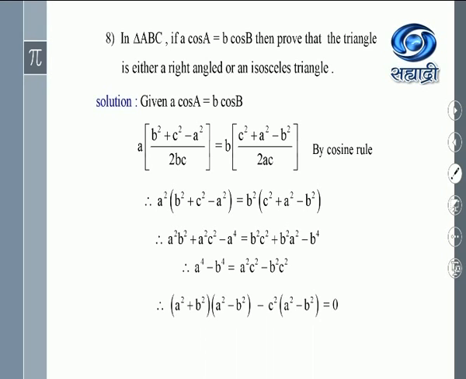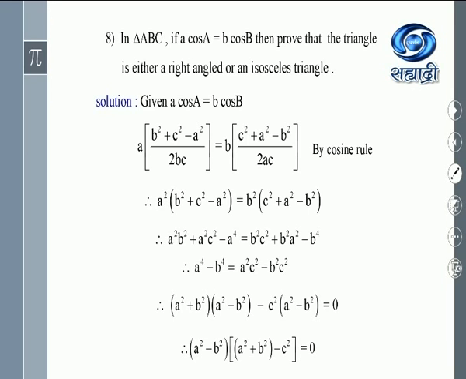Now factorize. You know the factors of this are A square plus B square into A square minus B square. And from these two terms we take C square common and the bracket is A square minus B square equal to 0. Clear?